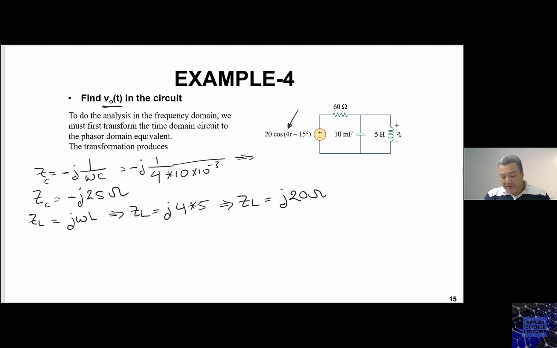And don't forget that this source, since it's a positive cosine, so things are right. Let me call this one Vs. So here, for example, I can say that this is Vs of t. So Vs capital is 20 at minus 15 degrees.